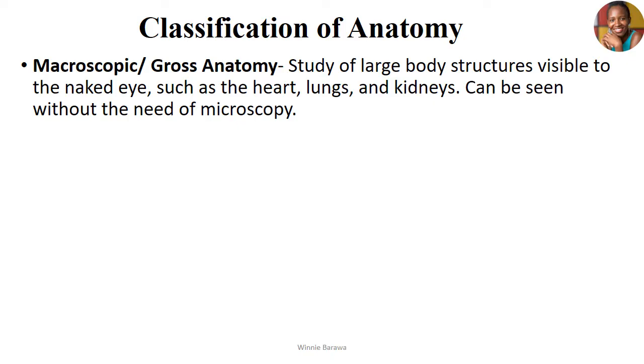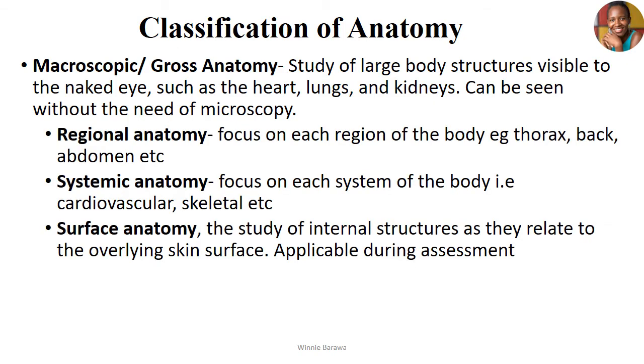However, when you're studying gross anatomy or microscopic anatomy, there are different approaches that can be used to do that. This gives us some subclasses of gross anatomy, which include regional anatomy, systemic anatomy, and surface anatomy.